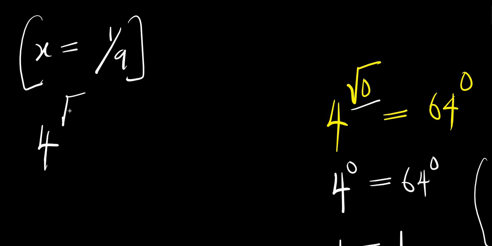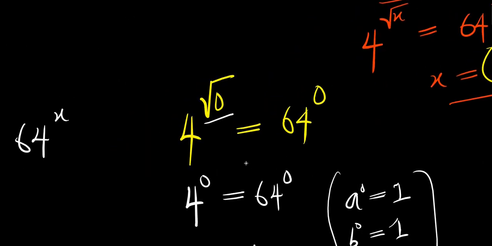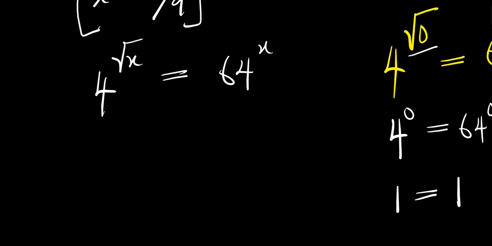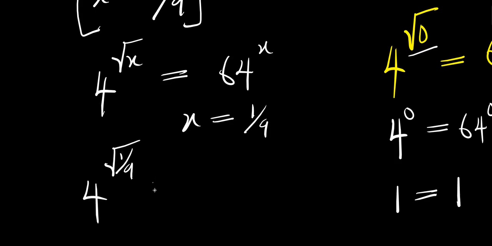You have 4 power square root of x equals 64 power x. So this time around, we are having x equals 1/9. You have 4 power square root of 1/9 equals 64 power 1/9.